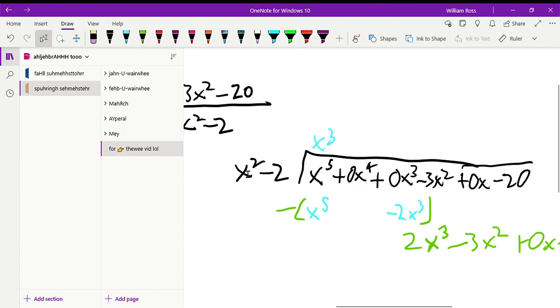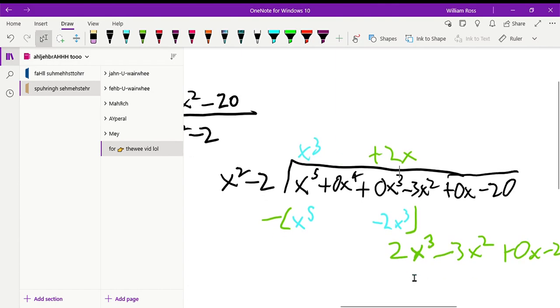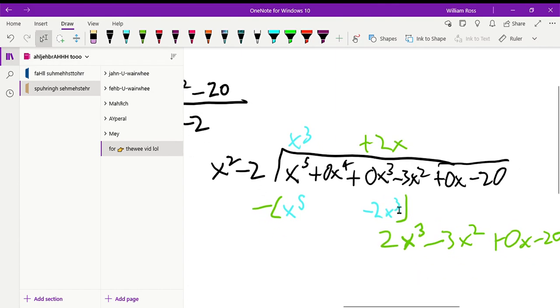So x squared goes into 2x to the third 2x times. Let's place it here. Well, actually, no, it makes sense if I do it over here.